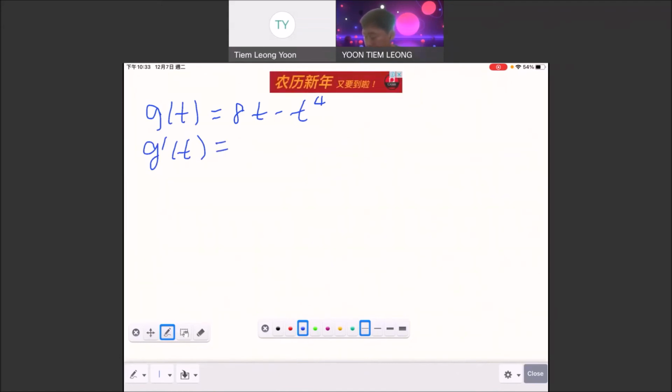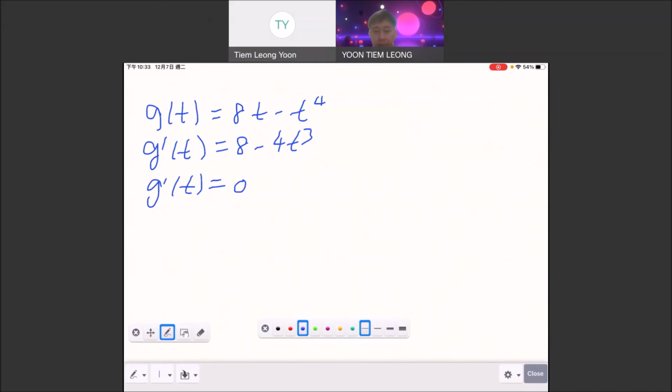So this would be 8 - 4t^3, right? The derivative is defined for all values of t. So there will be no critical point where g'(t) is undefined, but you have critical points where g'(t) is 0. So it is quite easy to calculate the values of t where g' is 0.